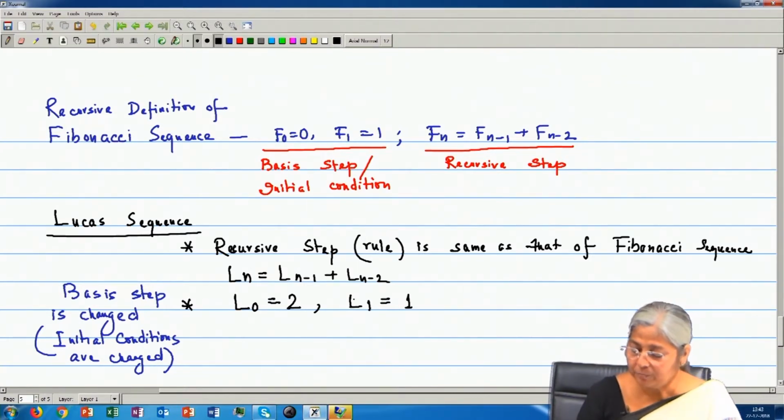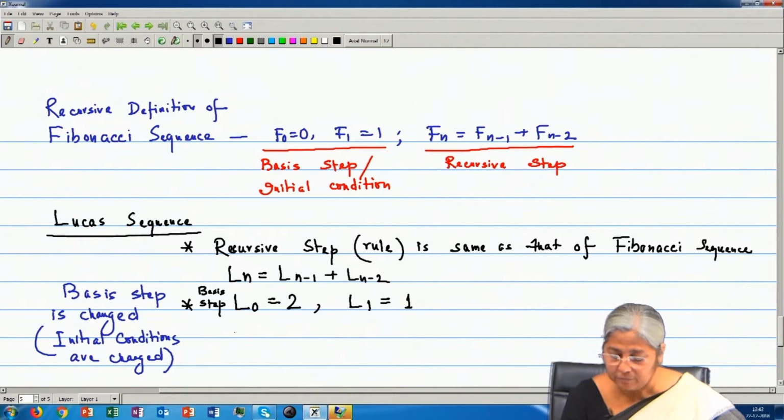Now, if we see the sequence, this is my basis step.